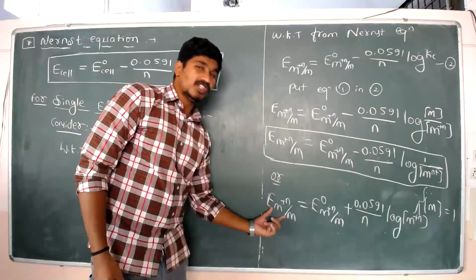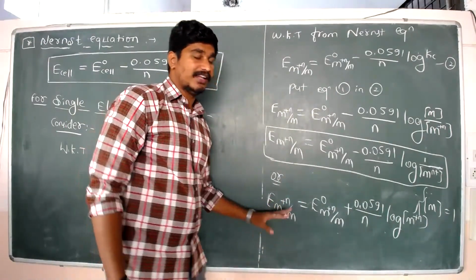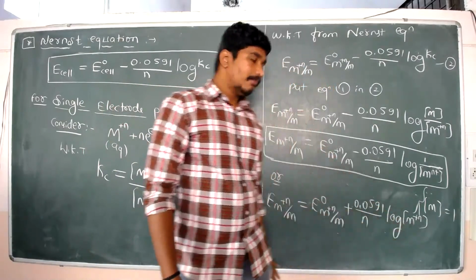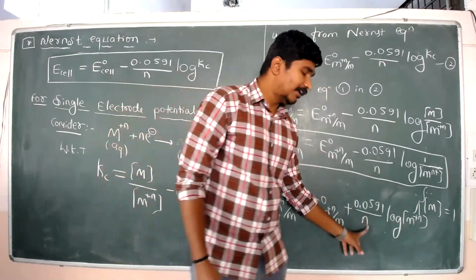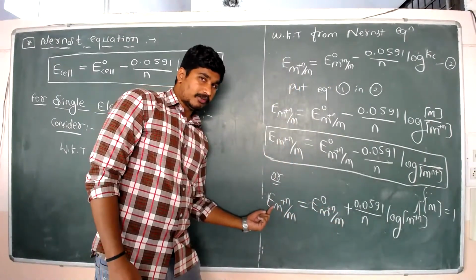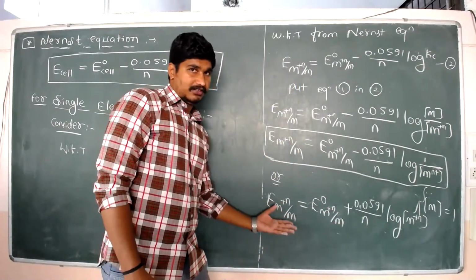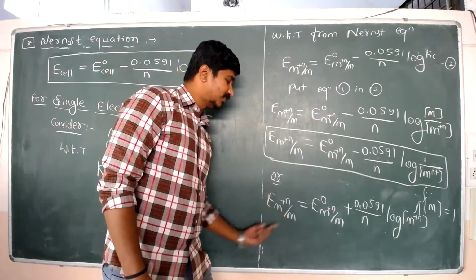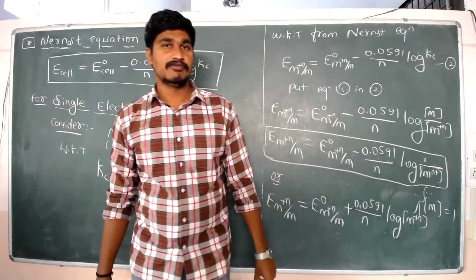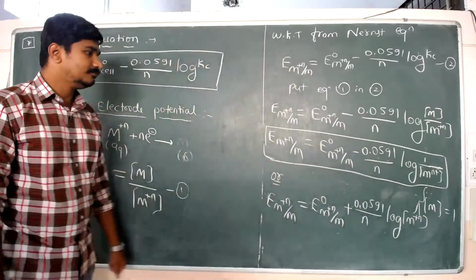This one is fixed. n value is also fixed. Therefore, the electrode potential or reduction potential of any half cell is directly proportional to the concentration of the metal ion for half cells.